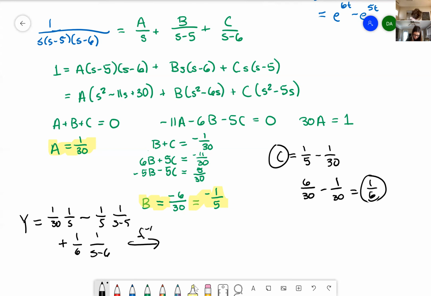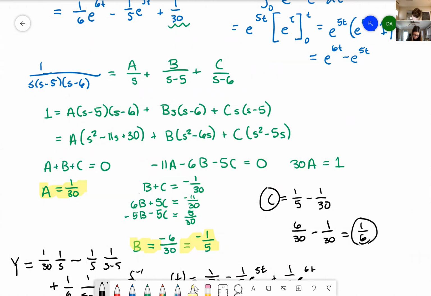So this is the inverse Laplace transform. y of t is equal to 1/30 minus 1/5 e to the 5t plus 1/6 e to the 6t. Is that what we got before? Yeah.